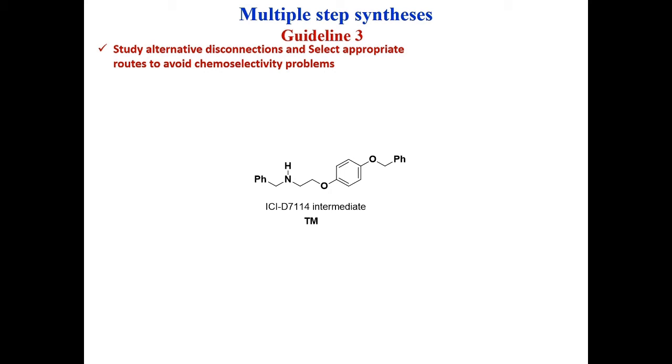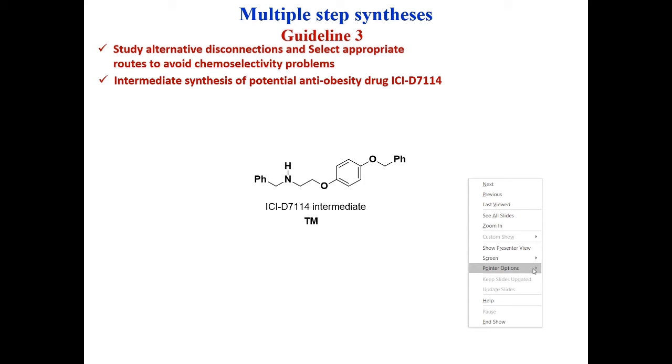For this purpose we chose a target molecule. This is actually an intermediate of a potential anti-obesity drug, that is ICI D7114. When you look at this molecule, you will spot the various functional groups: these three functional groups, two ether linkages and an amino functionality.